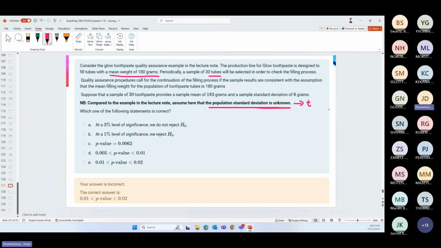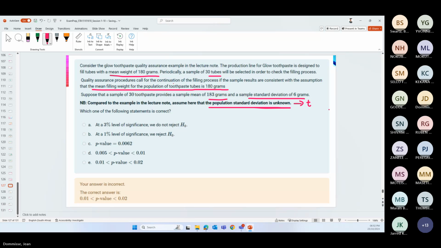Quality assurance procedures call for continuation of the filling process if the sample results are consistent with the assumption that the mean filling weight for the population of toothpaste tubes is 180 grams. Suppose that a sample of 30 provides a sample mean of 180 and a sample standard deviation of 6 grams.